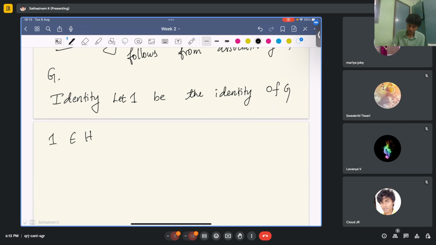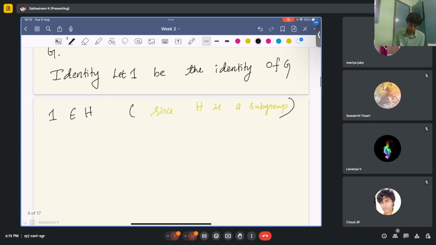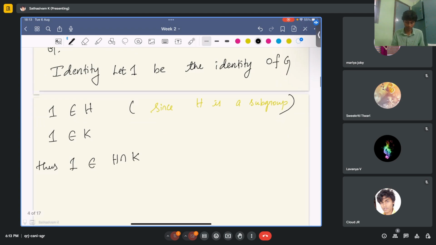Because H is a subgroup. H is a subgroup means the identity must belong to H. And 1 also belongs to K because K is a subgroup. Thus 1 belongs to the intersection. Okay, so this is also easy.